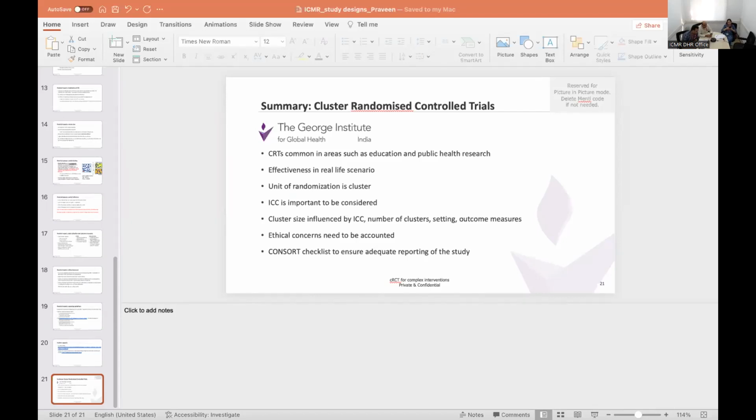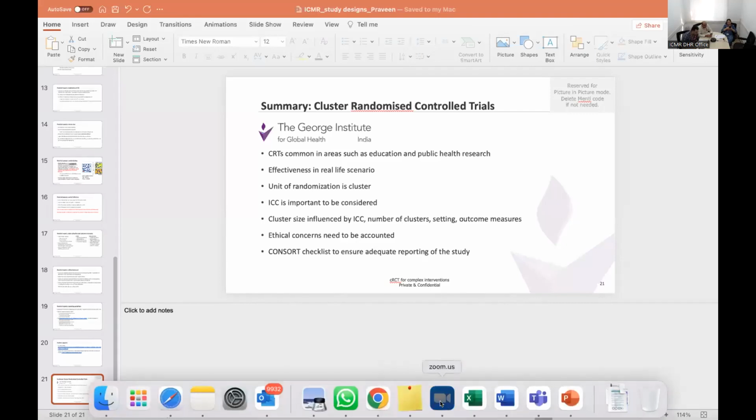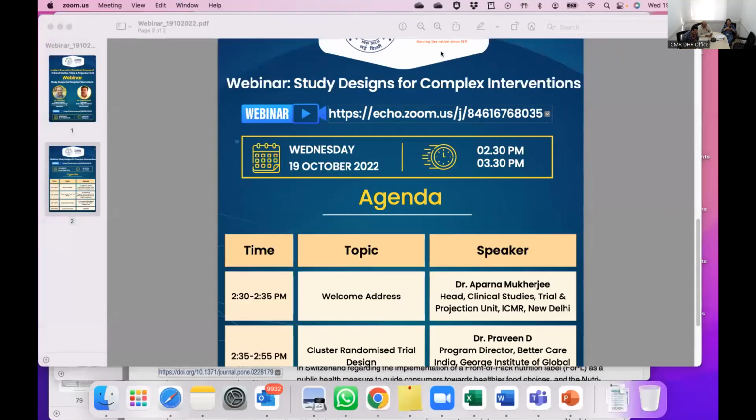I now move on to our next talk on step wedge design. The expert for this session is Dr. Amrendra Mahapatra, who is a scientist F at the Regional Medical Research Center, ICMR, RMRC at Bhubaneswar. Dr. Mahapatra is a senior researcher and has done his PhD in medical anthropology.